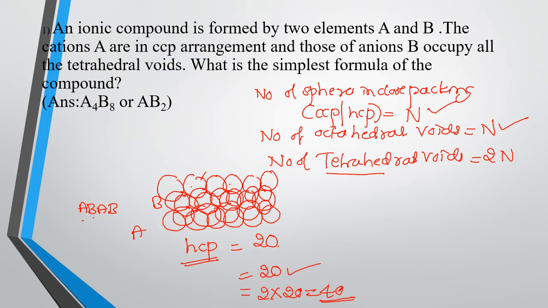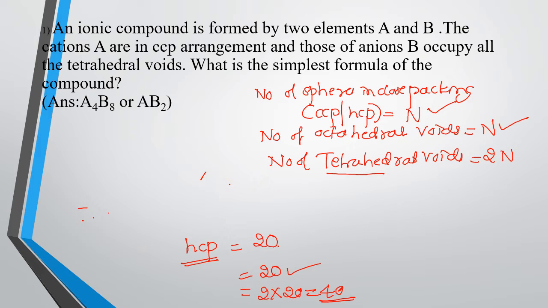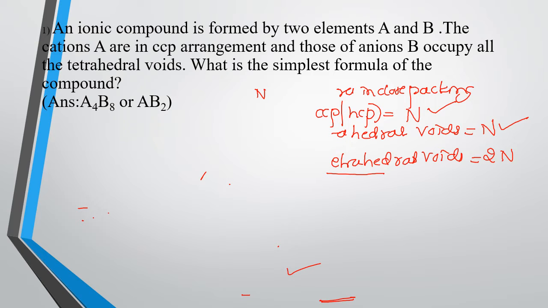Now let us solve the question. Okay, so what is given? An ionic compound is formed by 2 elements, that is A and B. What they have given is that the atoms or ions A are in CCP. That means CCP in the sense ABC type of arrangement.